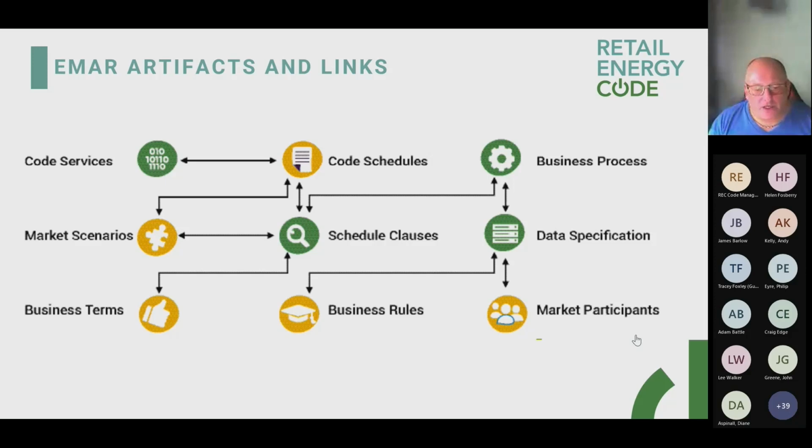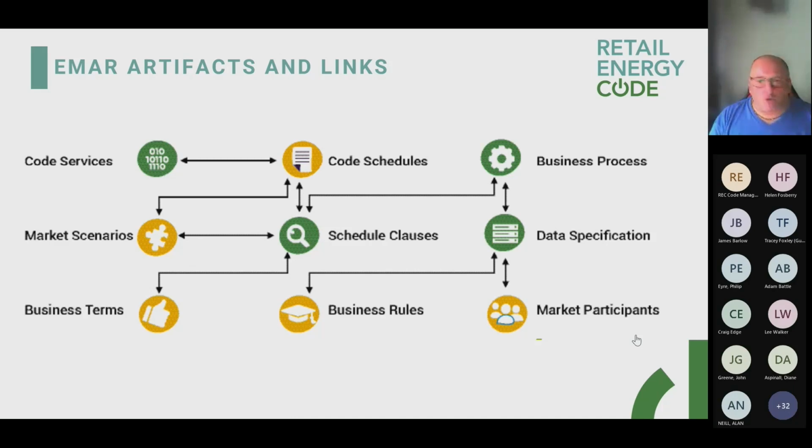And the data specification contains a list of all the defined messages between the market participants. The interesting thing is the data specification is used by everybody. Even though it sits in the EMAR and it sits in the REC, it's the same one that's used by the DCUSA, the BSC, the DTN, all those types, so that everybody's using the same terminology and the same classifications.